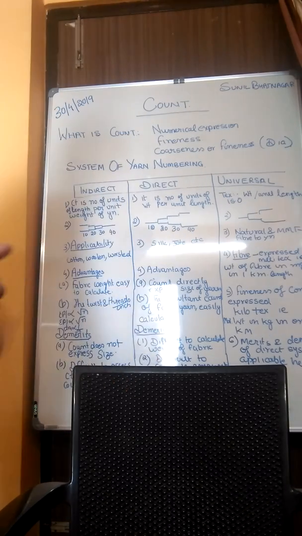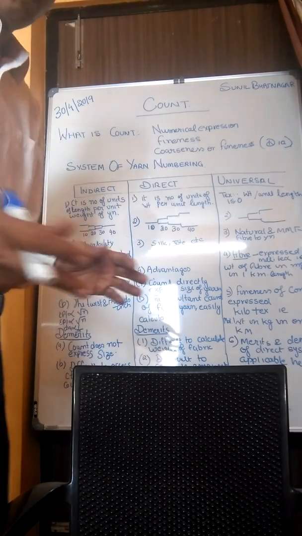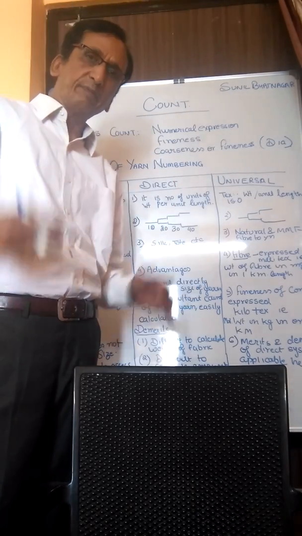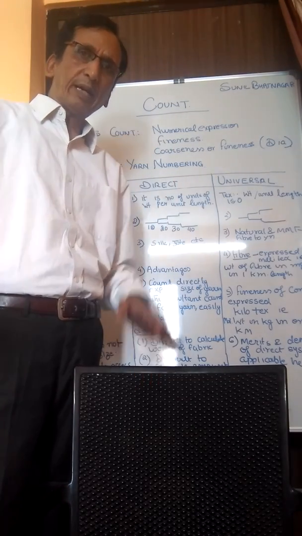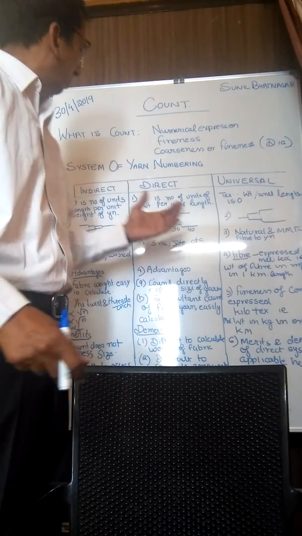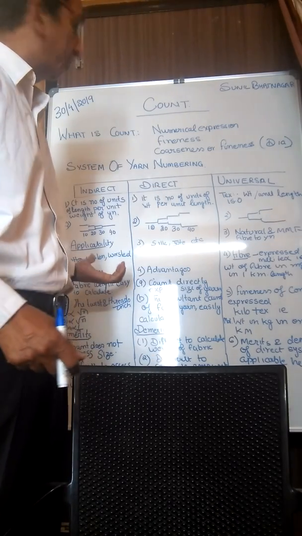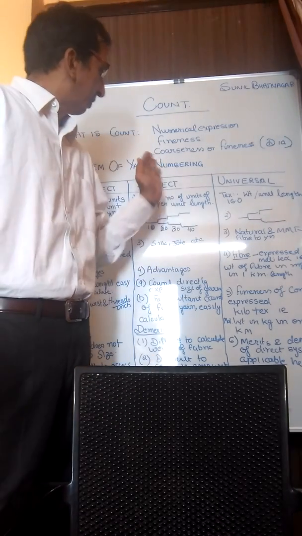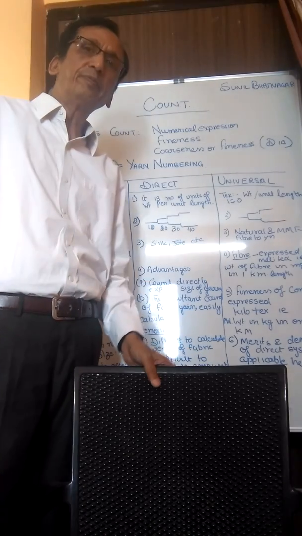Now the third one is universal, because earlier, in research papers, some people gave the indirect system in their research study and some gave the direct system.